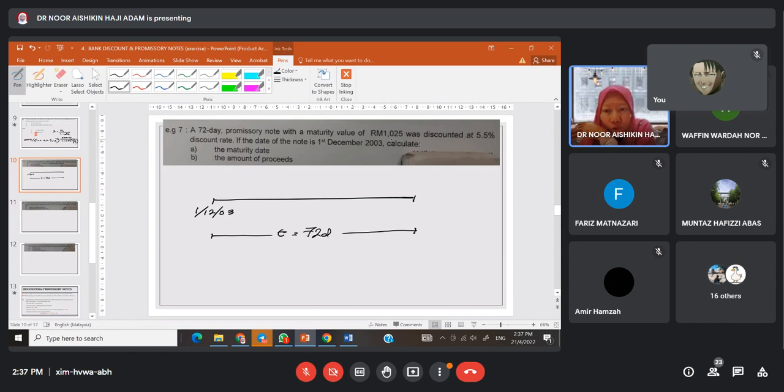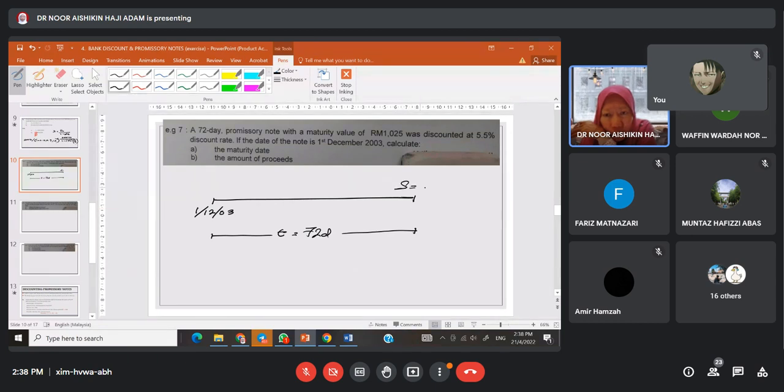The maturity value of the note is 1,025 ringgit. And it was discounted at 5.5% discount rate. Okay, so if the date of the note is 1st December 2003, calculate the maturity date.